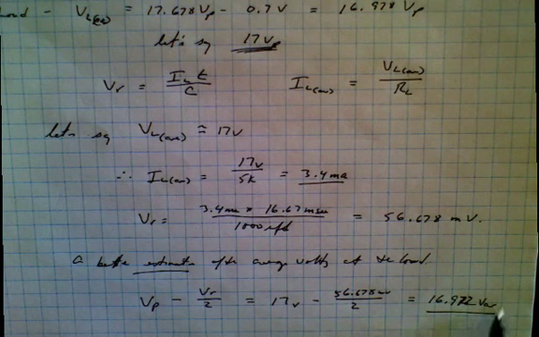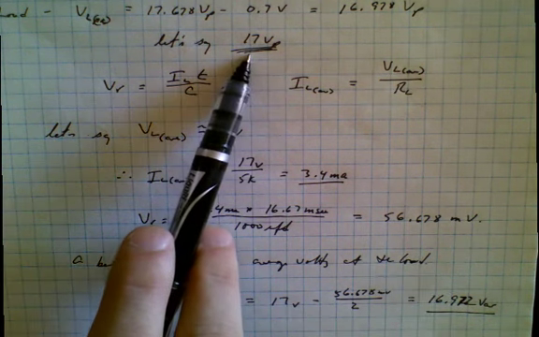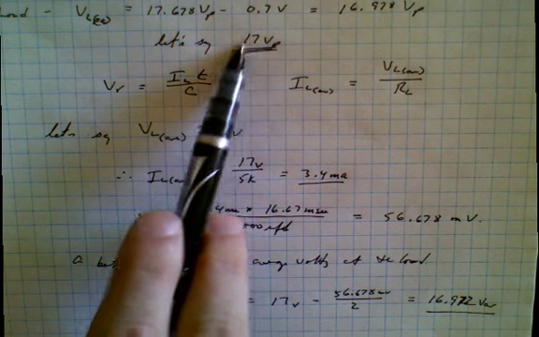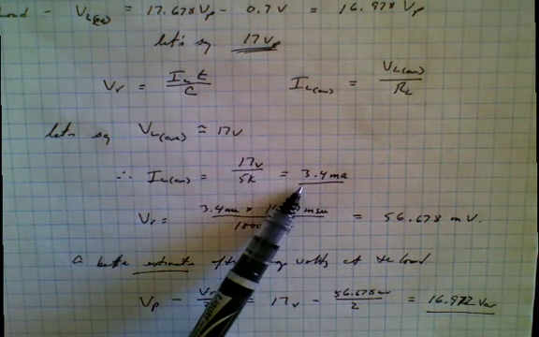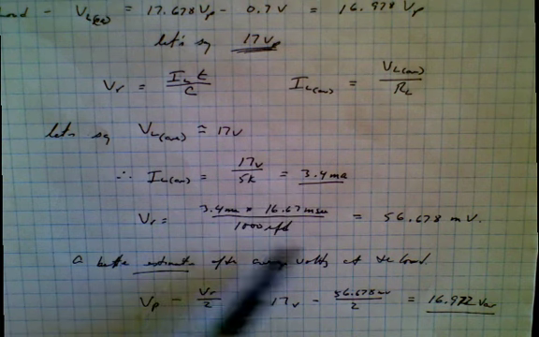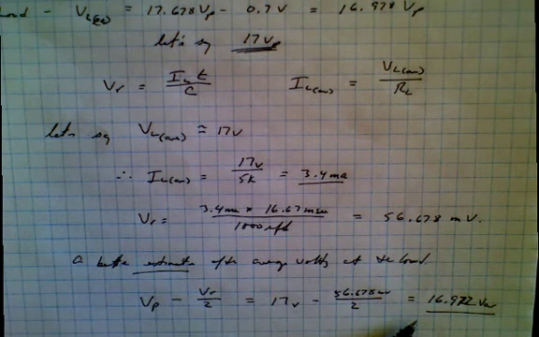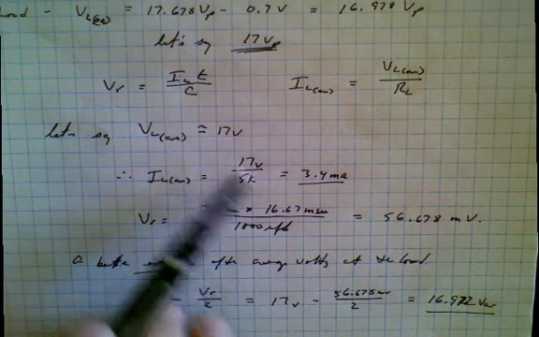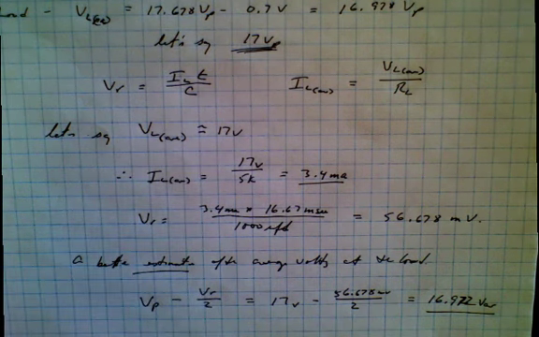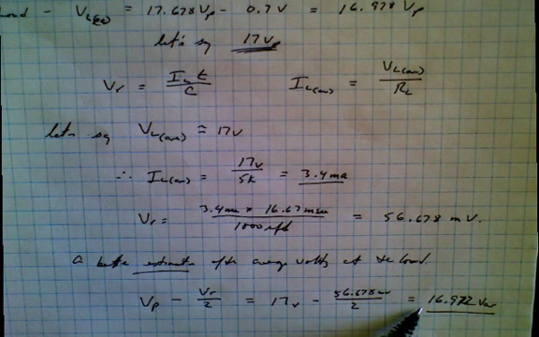That's to say, we would take this number and put it into where we had 17, calculate a new current, a new ripple voltage, and a new average value for the load. And you would keep doing that until finally the numbers didn't change anymore. But because this number and this number are so close, we can pretty well say the answer is very close. We can say this is simply good enough.